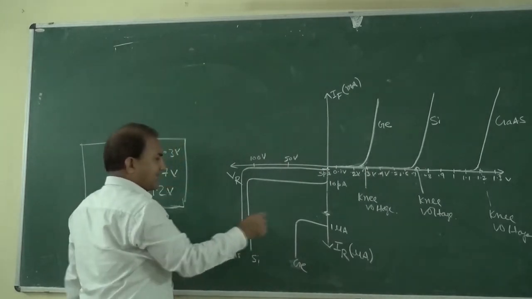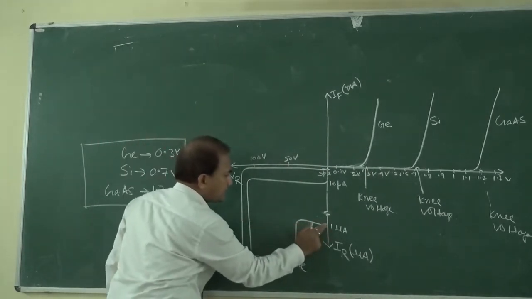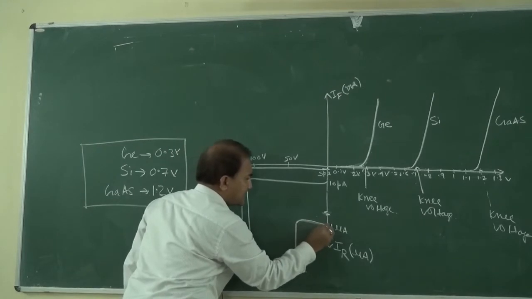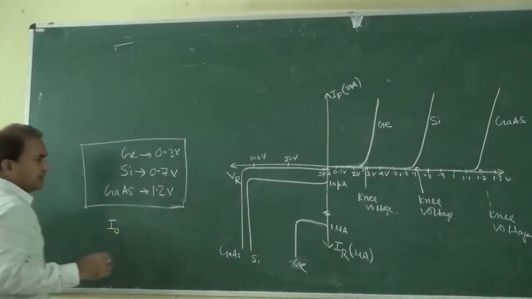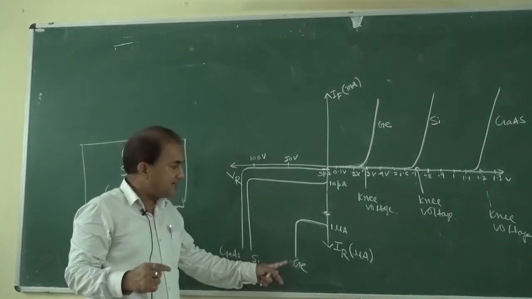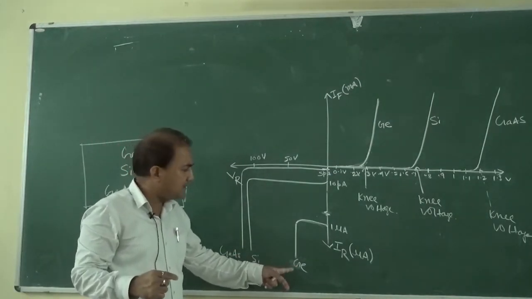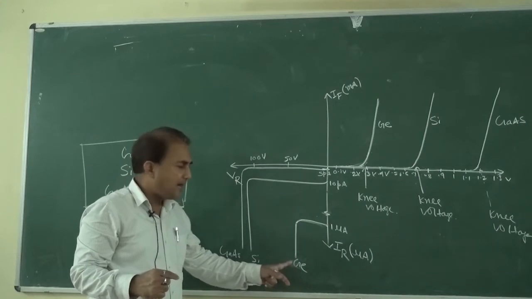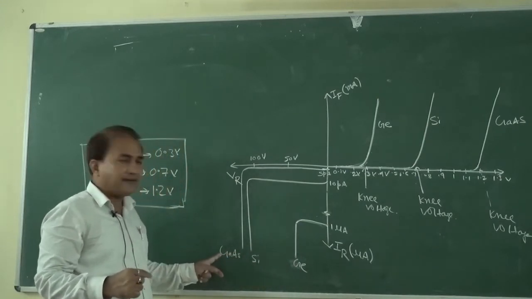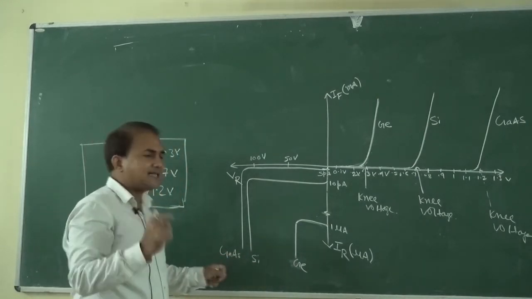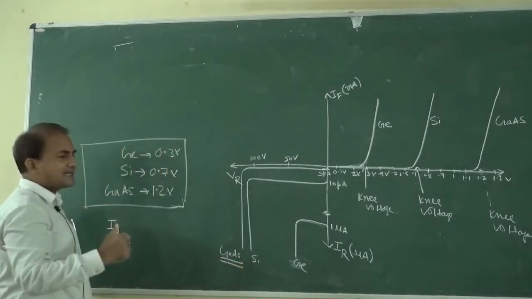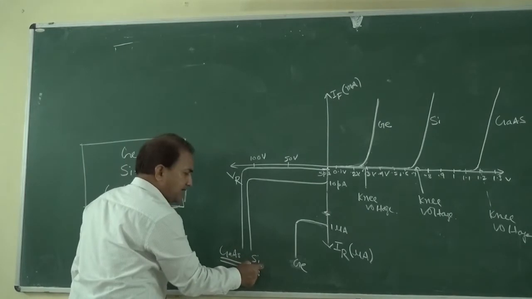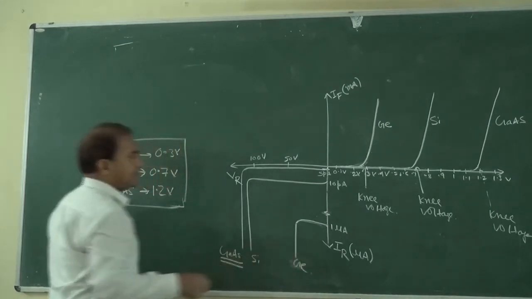Now we see that the reverse leakage current I naught is maximum in case of germanium, and minimum in case of gallium arsenide. The leakage current in gallium arsenide is very much less as compared to silicon and germanium based diodes.